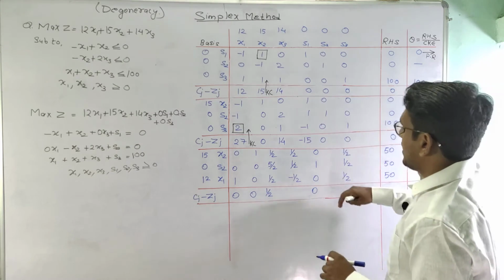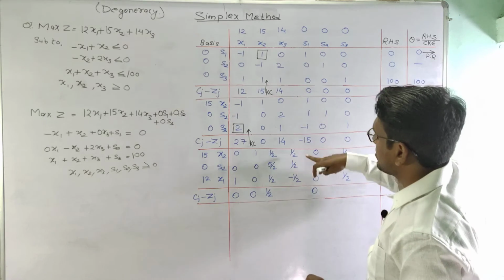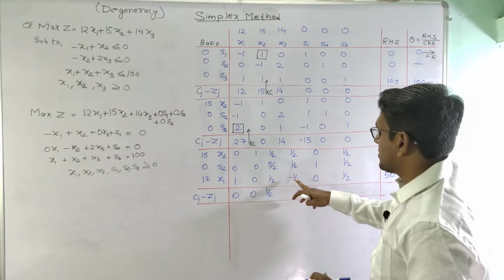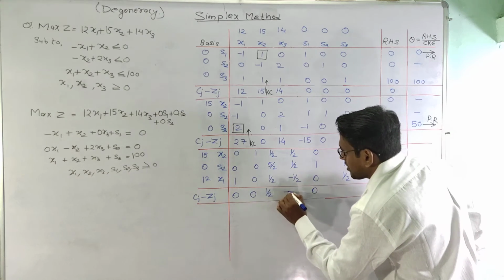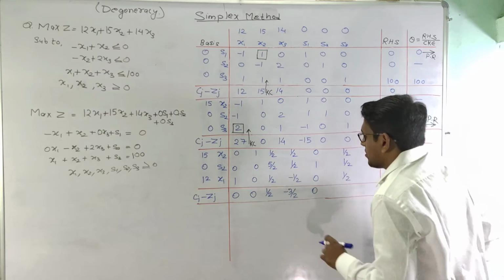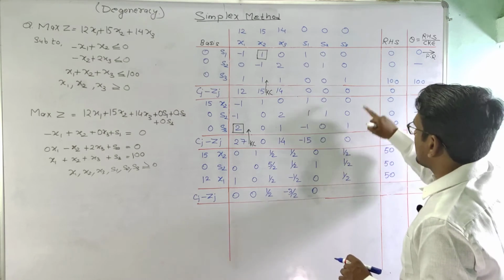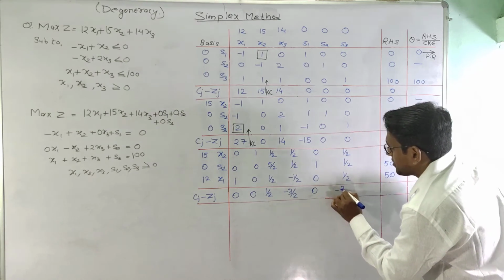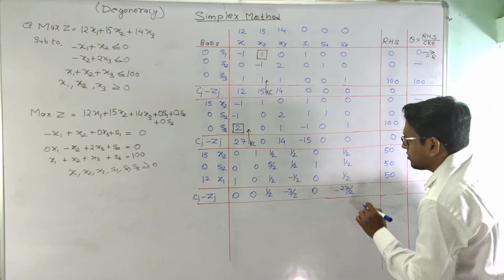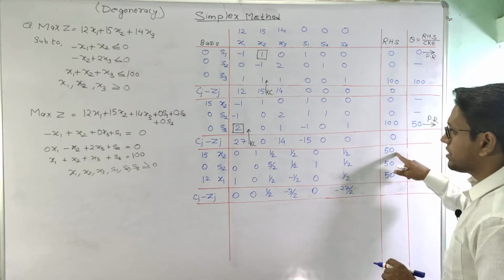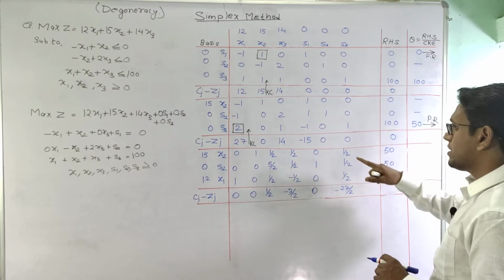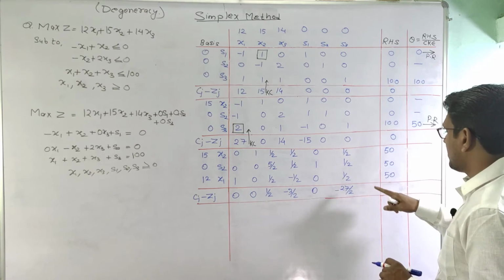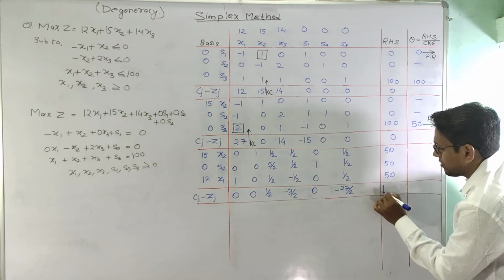And for this it is 0 minus 15 minus 12, 3 by 2, that means minus 3 by 2. Similarly this one 0 minus 15 plus 27, minus 27 by 2, and the value of Z will come as 5175, 1350.